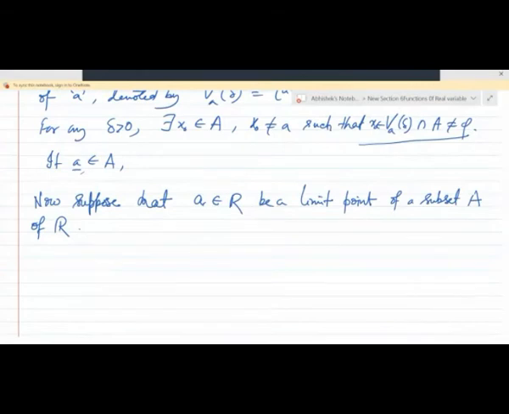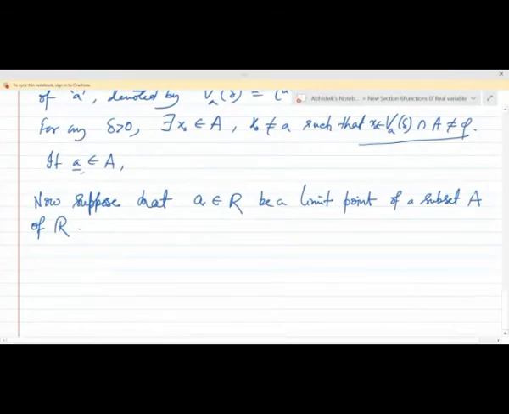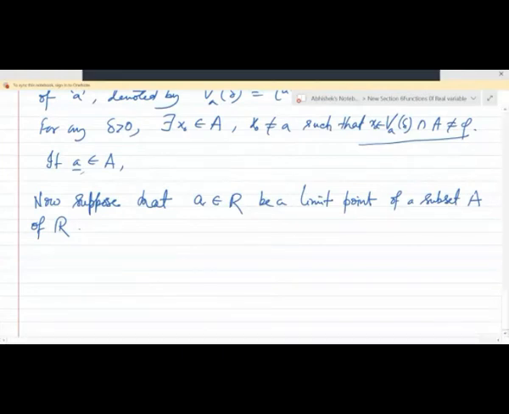The definition tells us that for every delta greater than 0 there exists a point which is not equal to A, and that point will be in A, x naught. So there exists x naught which is not equal to small a, and that x naught lies in the set A, such that modulus of x naught minus A is less than delta.